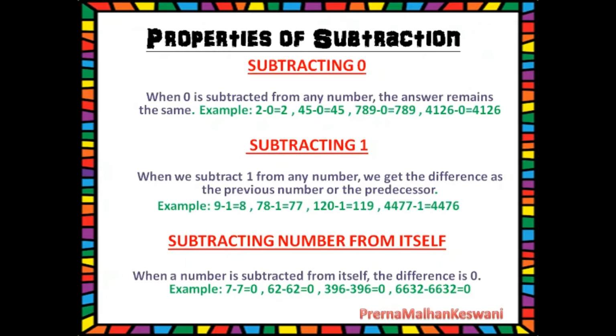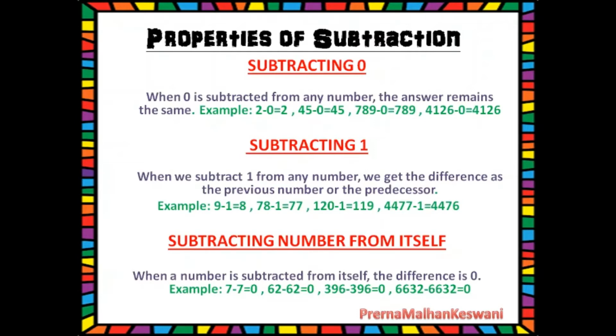The next property is subtracting 1. When we subtract 1 from any number, children, we get the difference as the previous number or the predecessor. Like, for example, if you are having 9 chocolates and you give away 1 chocolate to someone, so you are remaining with 8 chocolates.